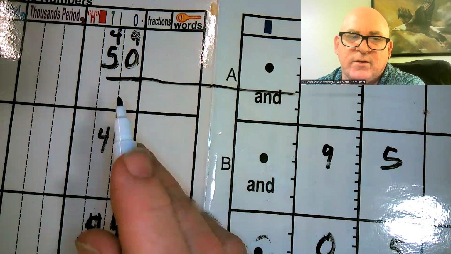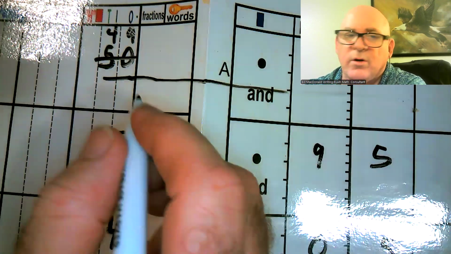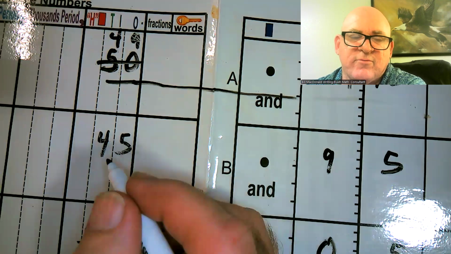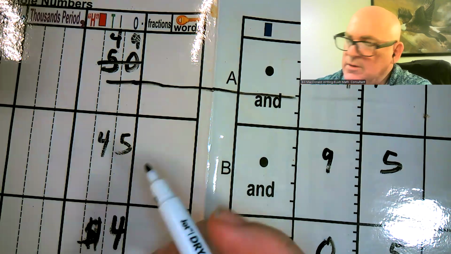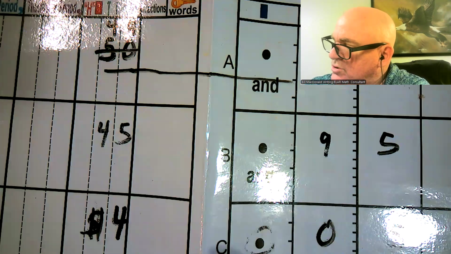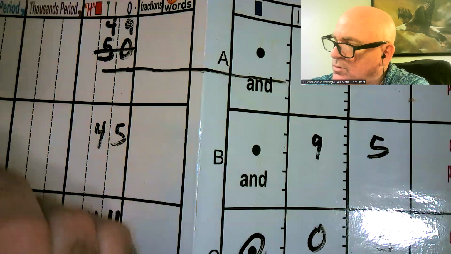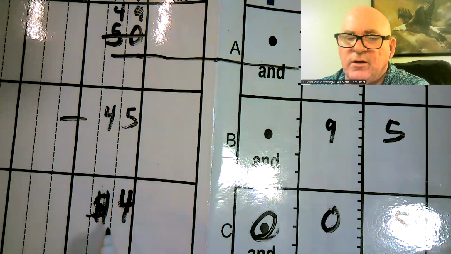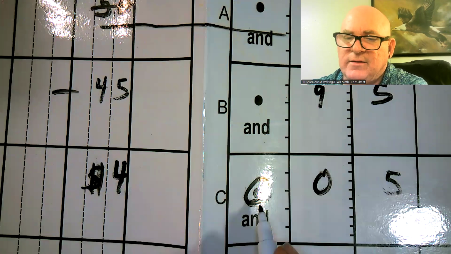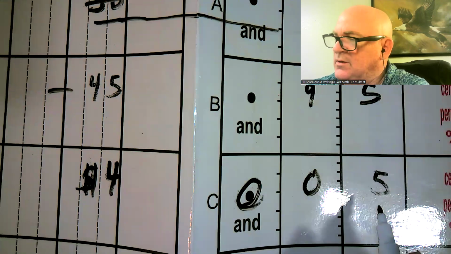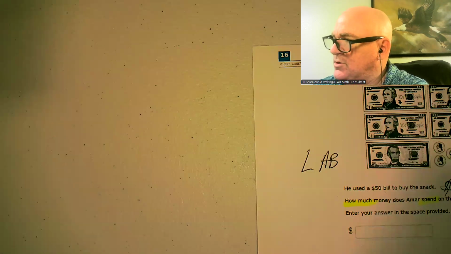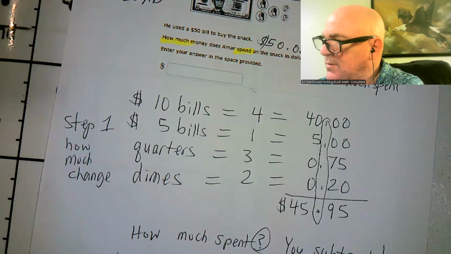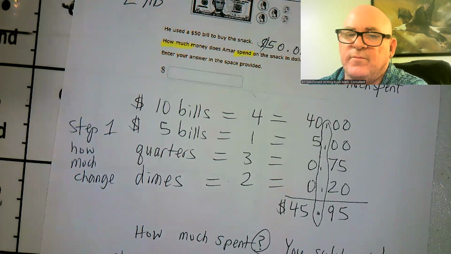And then, of course, the 4 minus 4 is nothing there, or subtract 4 from 4, you get nothing. So how much you spent, you subtract, is going to be $4.05. That's when you enter the second step that was required.